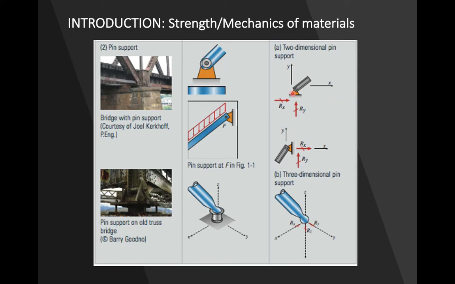The body cannot move in the horizontal as well as the vertical direction, but it can rotate. So two constraints will be there, in the horizontal as well as the vertical direction. Whatever load is coming onto the body will get transferred into this surface or this different body in which this member is attached, so it will transfer into translation reactions over here.